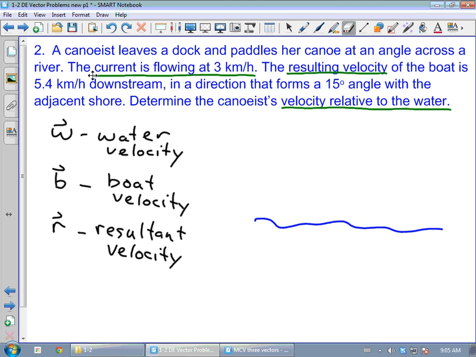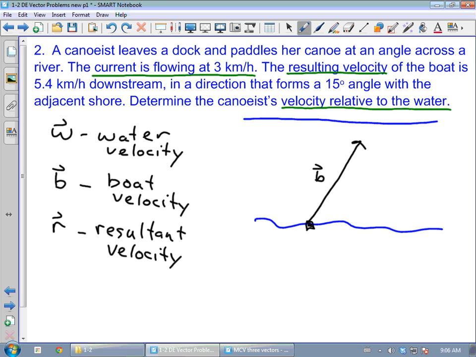So if we make this a little bit bigger to give ourselves some more space, the canoeist starts right here at the dock, starts heading out across the river. So we'll say that this is the path that the canoeist takes. So this is our B vector. That's the boat's path, or the path that the canoeist intends to take.